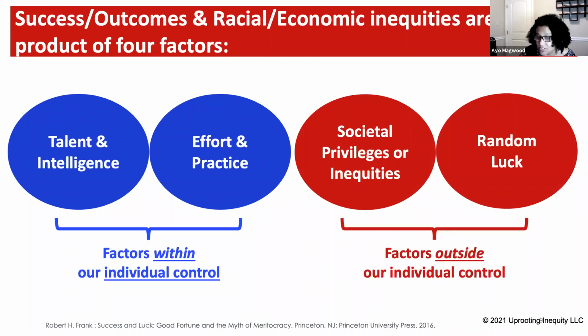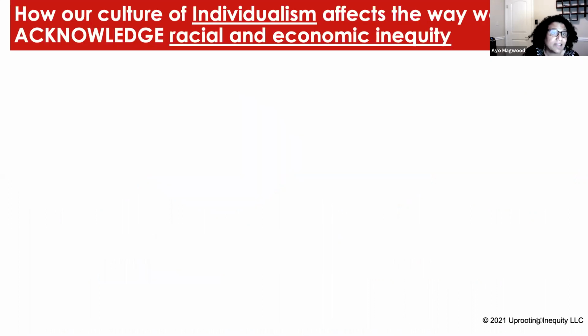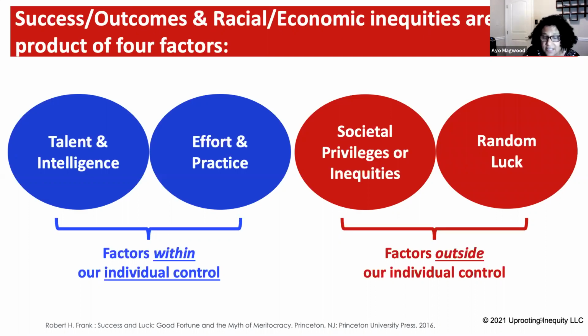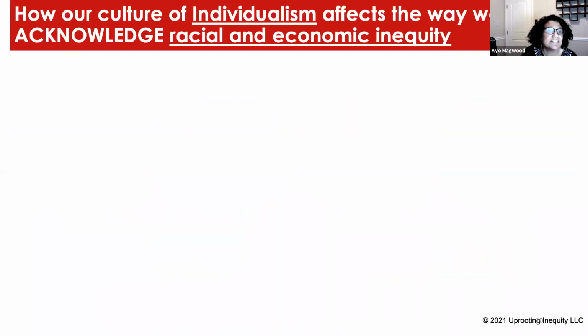So these are factors outside our individual control. But we in the United States, or any individualistic culture, will focus primarily or exclusively on the factors within the individual and refuse to recognize the others, both for success and lack of success.